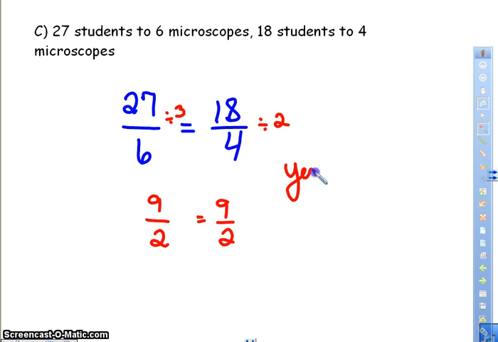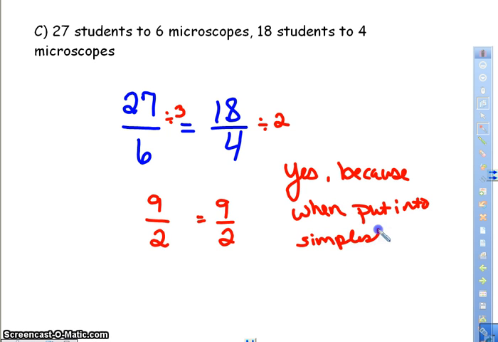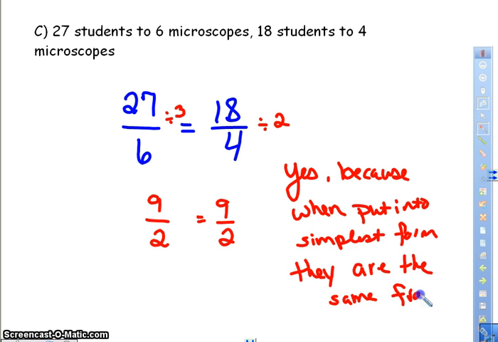Yes, they are equivalent, because when put into simplest form, they represent the same fraction. Okay, so if they simplify to the same thing, they're going to represent the same situation.